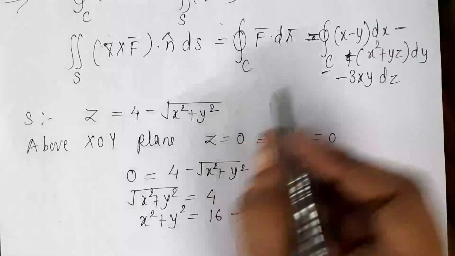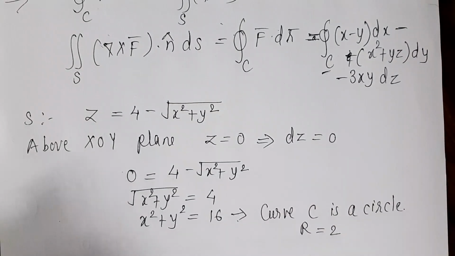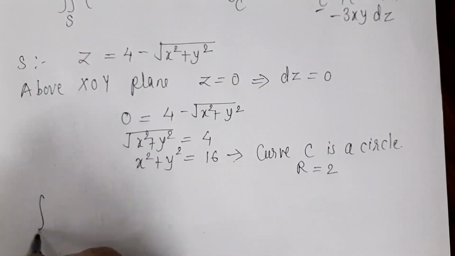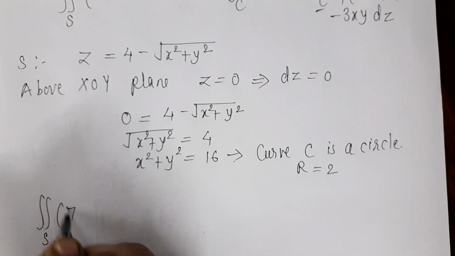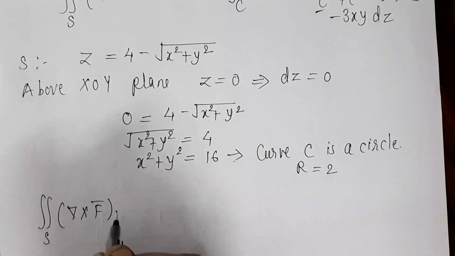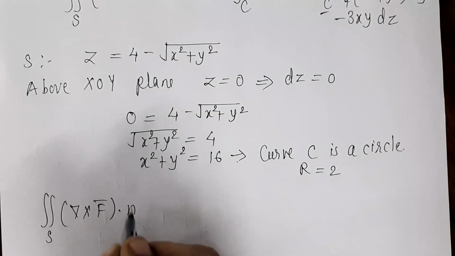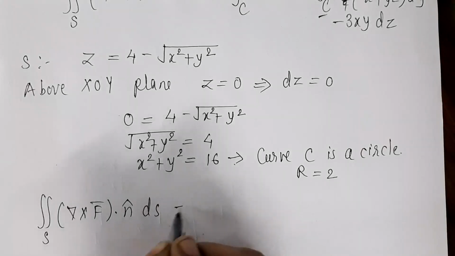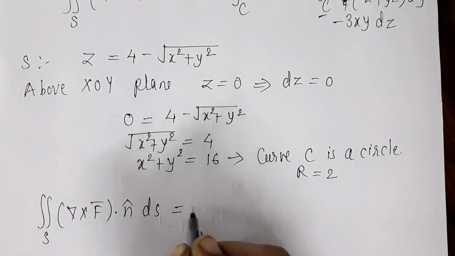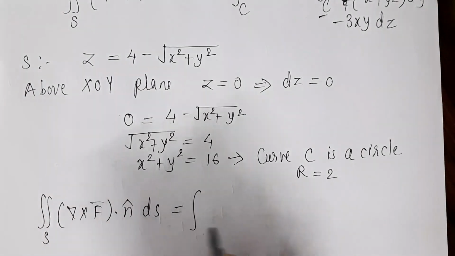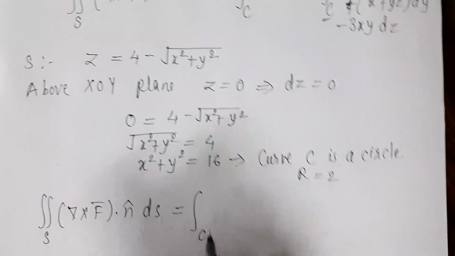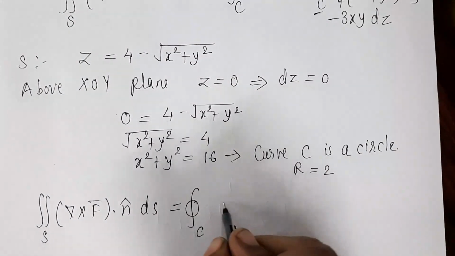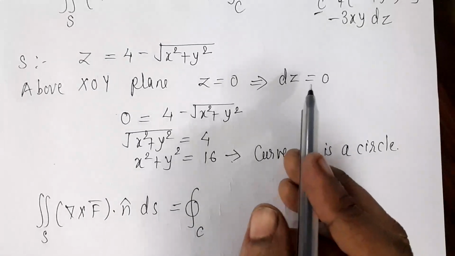So substitute in this double integral over S, del cross f dot n cap ds, it is equal to the integral over C of (x minus y) dx.